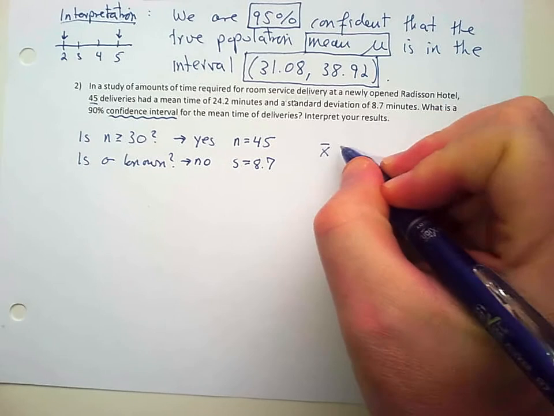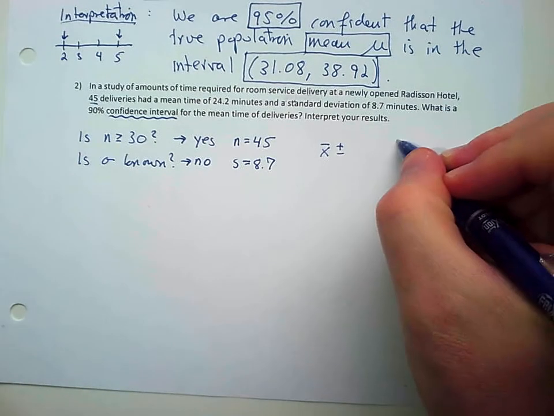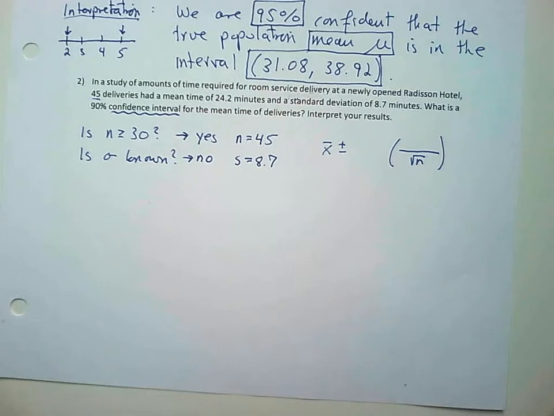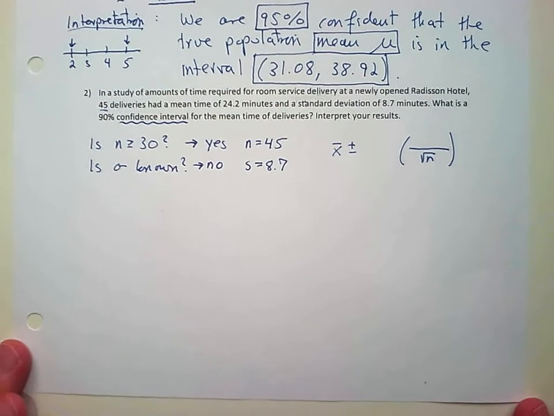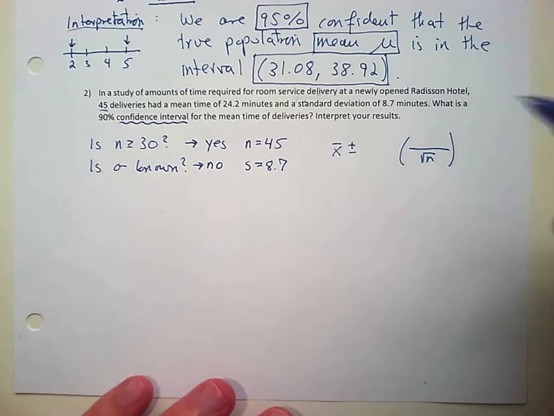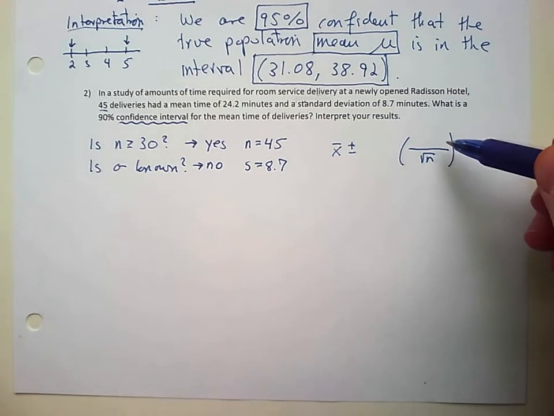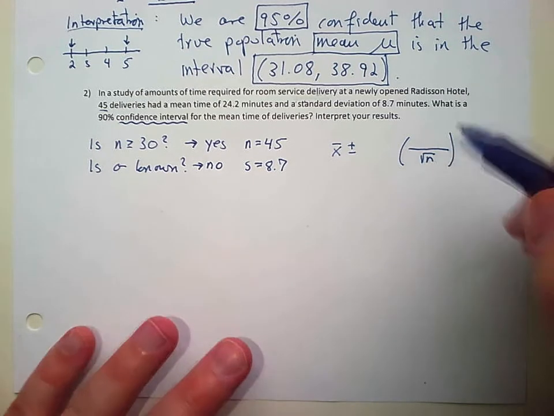So again, here, the bare bones of the formula that we can always immediately write down is this. That's our bare bones. If you start off with that, you're good to go. Now, up here in our numerator, we're always going to write down some standard deviation. If we know the population standard deviation, we're going to put it here. If we don't know the population standard deviation, we're definitely going to know the sample standard deviation.